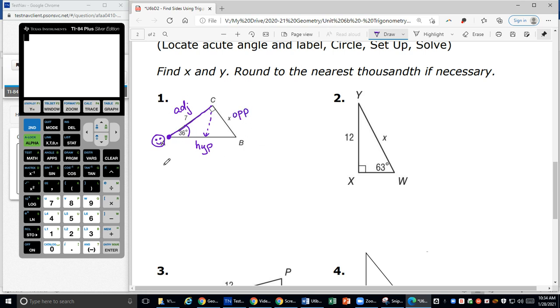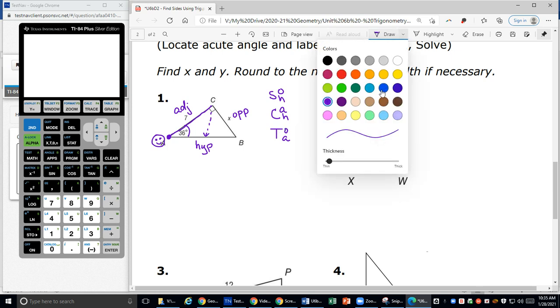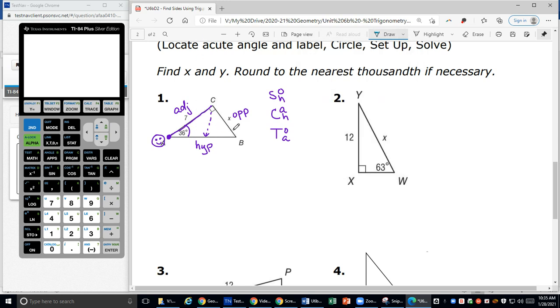Okay, I'm going to use these 3 sides to look at SOH CAH TOA to figure out if I want to use sine, cosine, or tangent. So I am going to say, what side do I know?